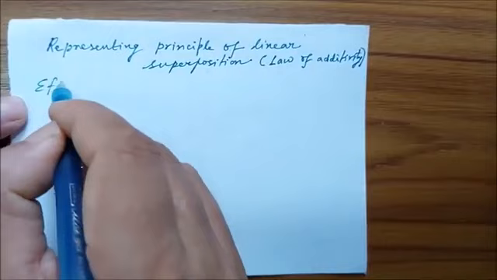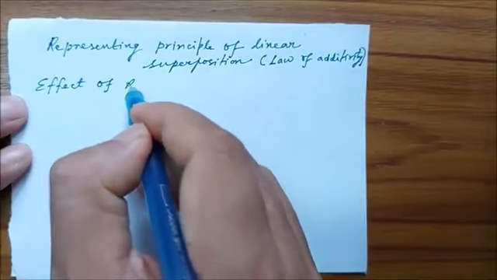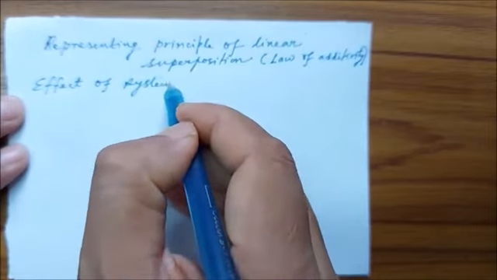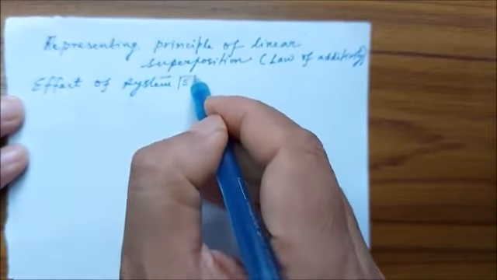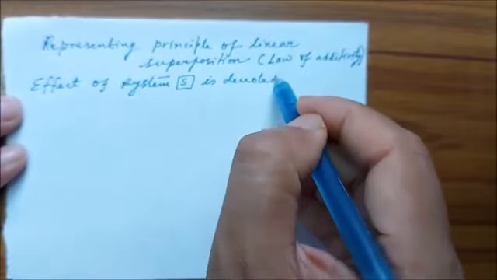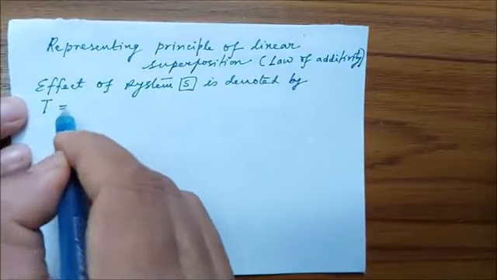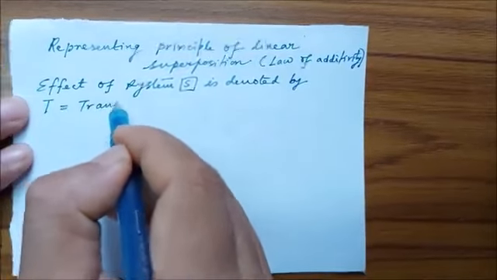In this method of writing, the effect of the system on which stimuli is applied is denoted by the letter T, T for transformation.